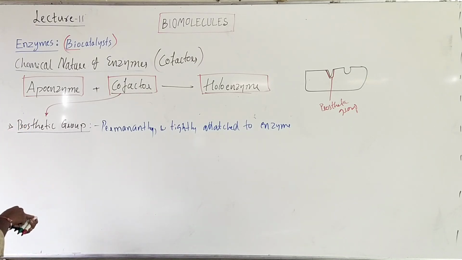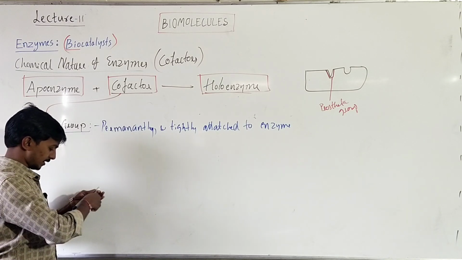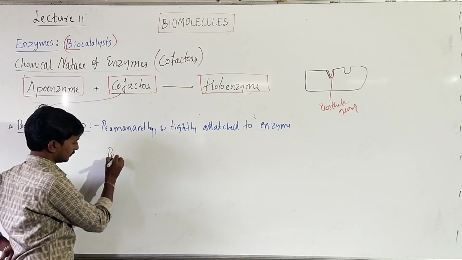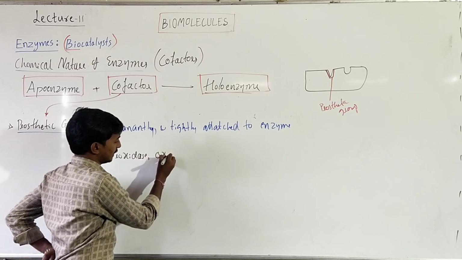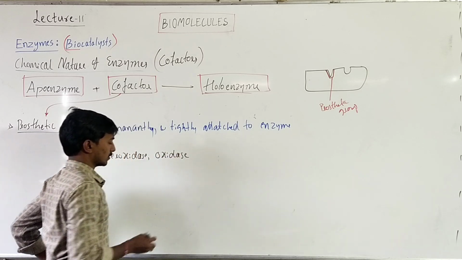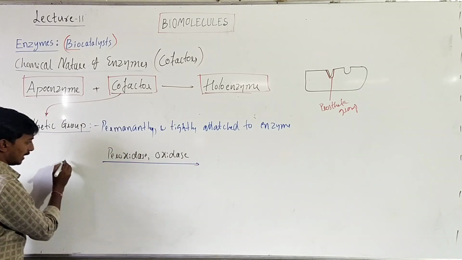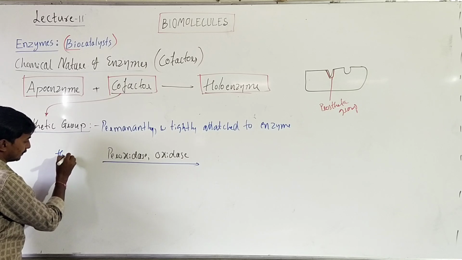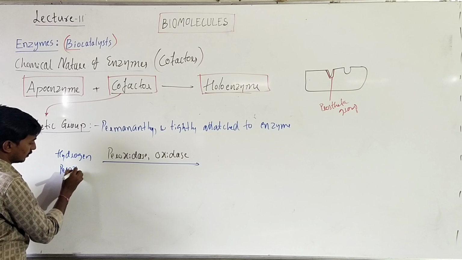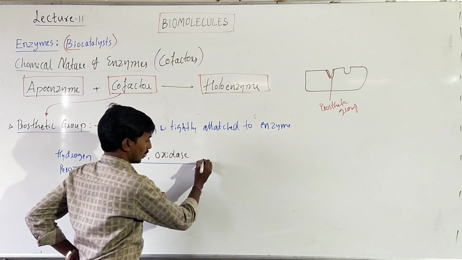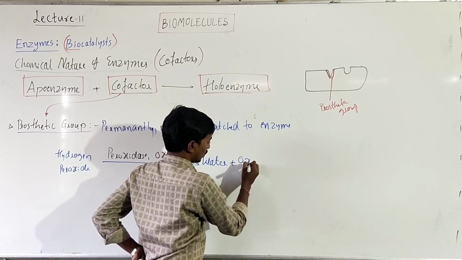For example, the enzyme peroxidase or oxidase. These enzymes will convert hydrogen peroxide into water plus oxygen.